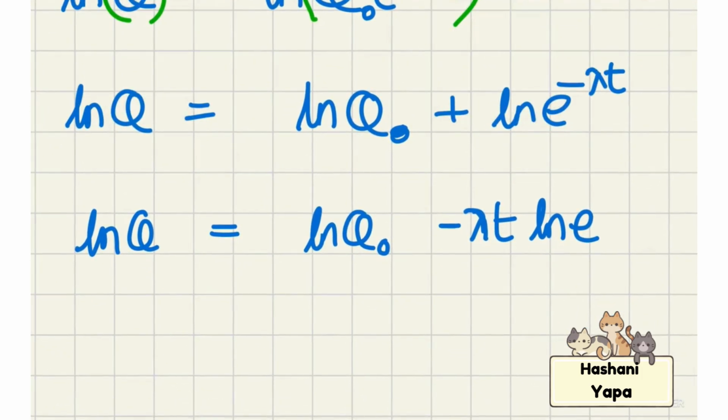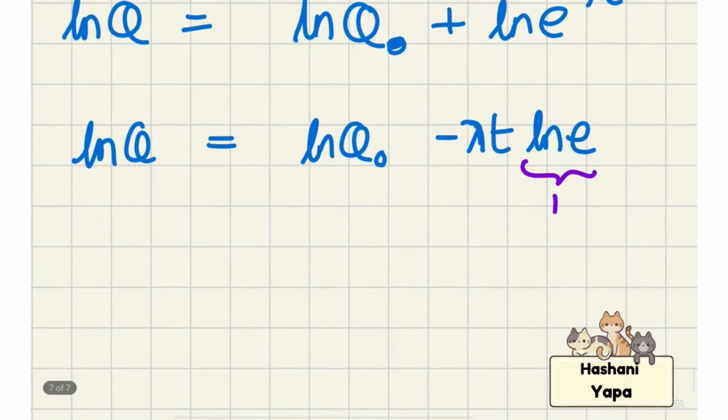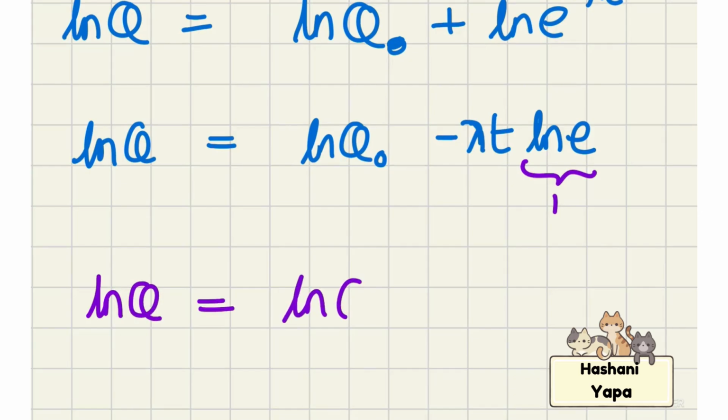Another thing that you need to know is ln e is equal to 1. So our graph will look like this: ln q is equal to ln q naught minus lambda t.